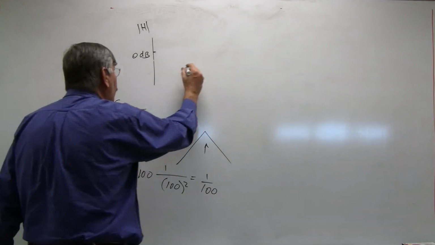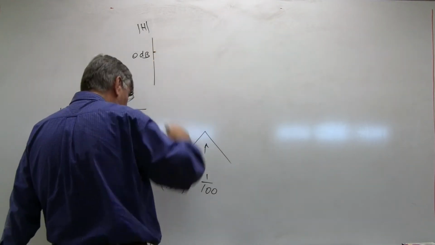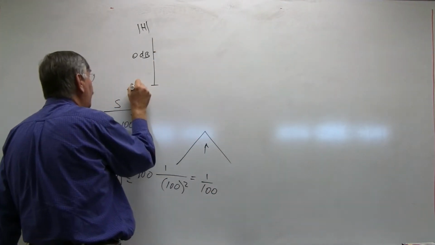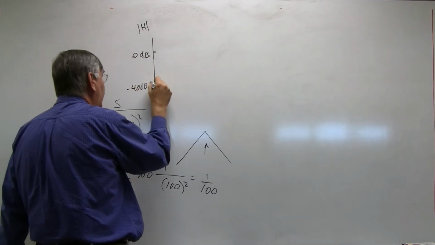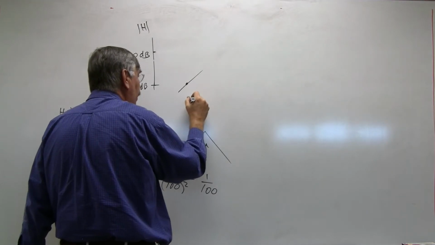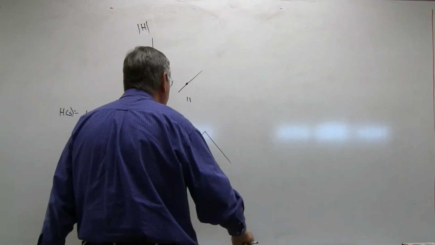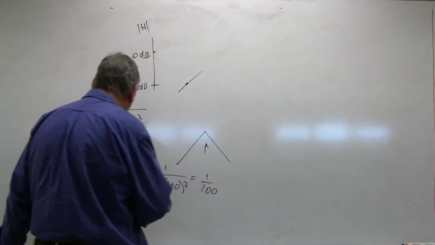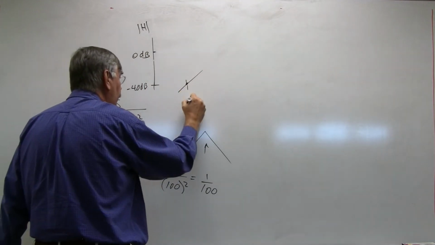So at s equals 1, this will be 1/100th, which is minus 40 dB. And we'll start out right here at 1 hertz. One unit, 1 radian per second. All right, s equals 1.